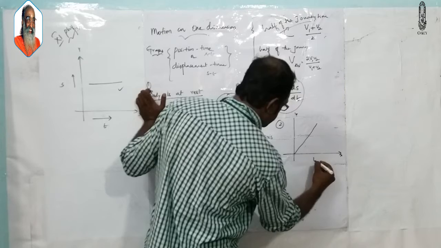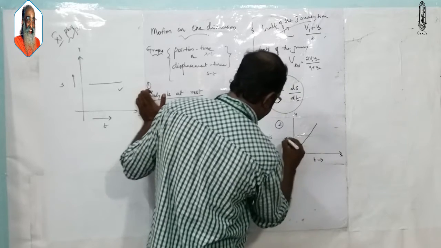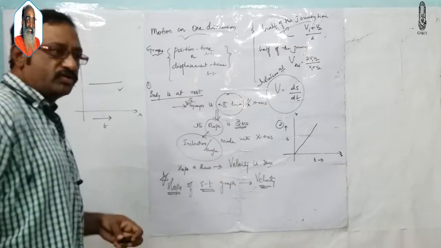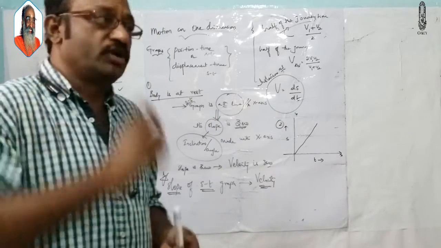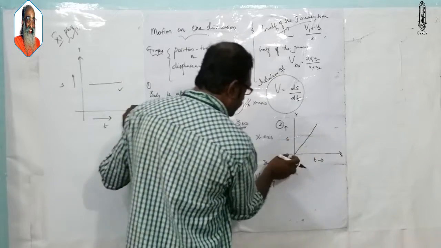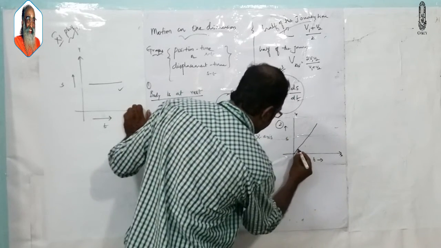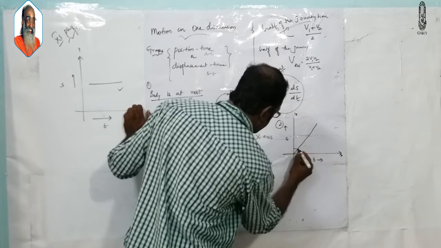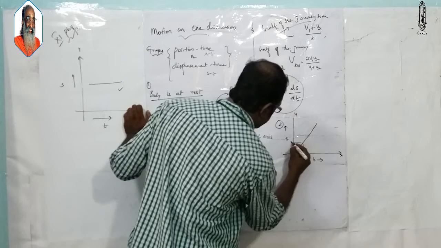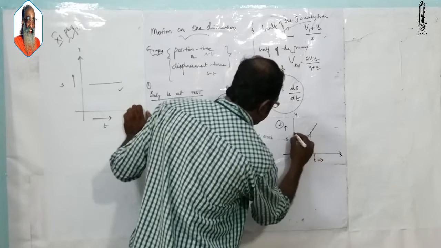Time is taken on the x-axis, displacement on the y-axis. From this graph, what can we say about the motion of the body? Look here. This graph is like this. We just make the points here. If this is 1, this will be equal to 1. If this is 3, this will be equal to 3. If this is 5, this will be equal to 5.